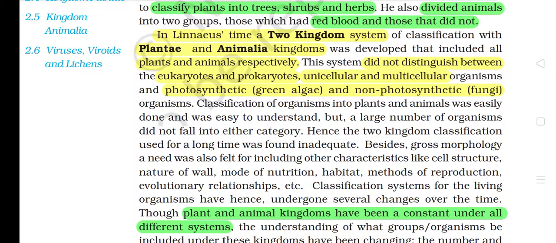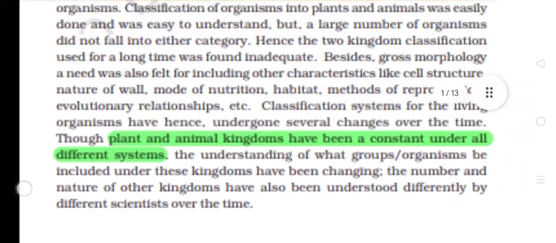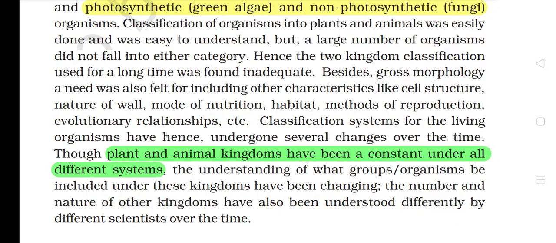Classification of organisms into plants and animals was easily done and was easy to understand, but a large number of organisms did not fall into either category. Hence, the two kingdoms classification used for a long time was found inadequate.